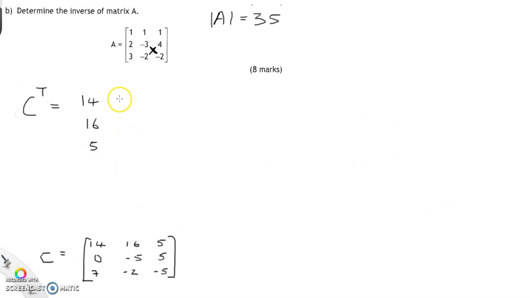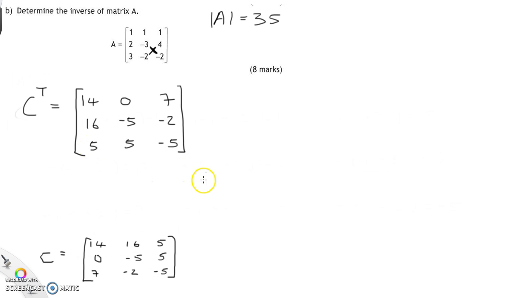The second row becomes the second column: 0, minus 5, 5. And lastly, the last row becomes the last column: 7, minus 2, minus 5. So that's the transpose.